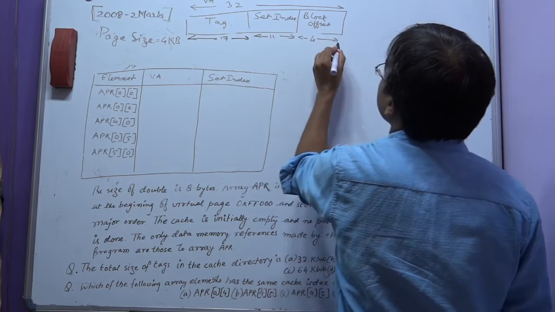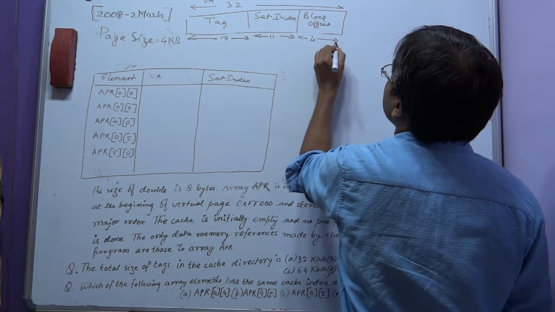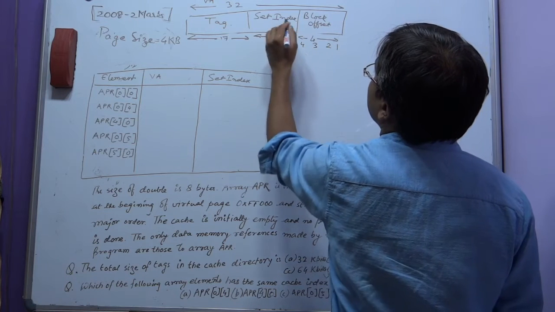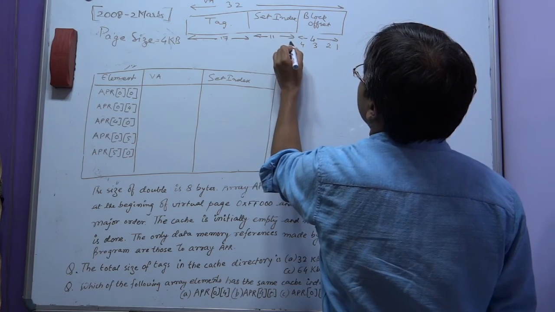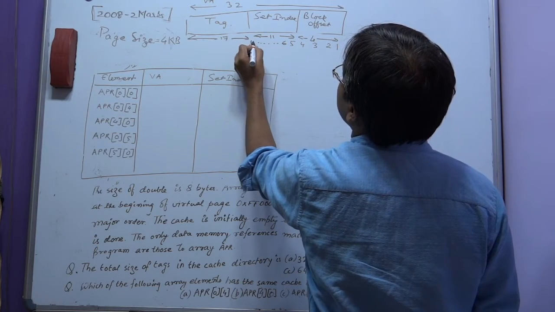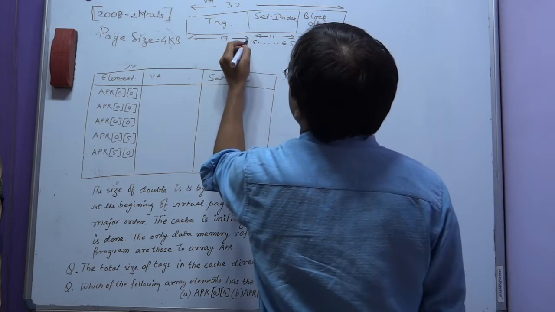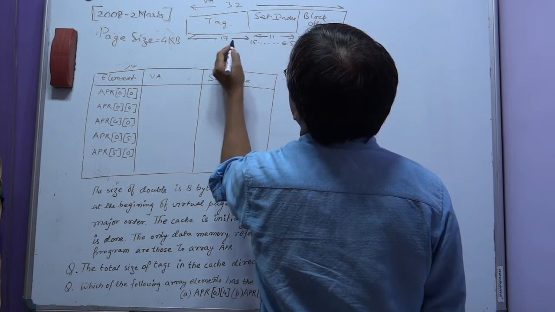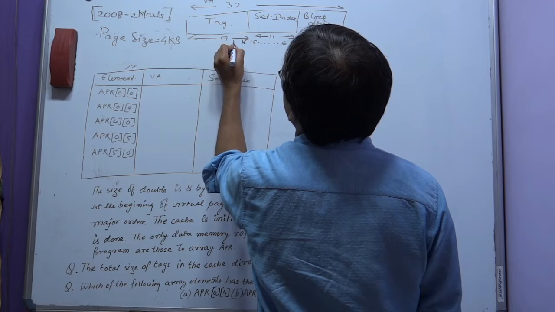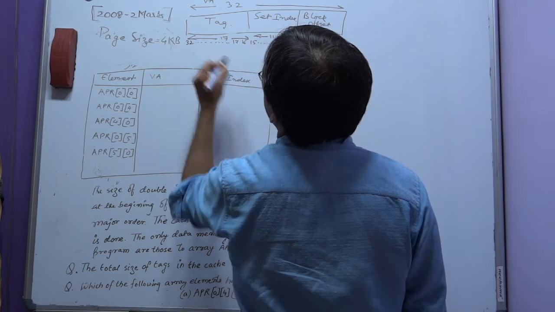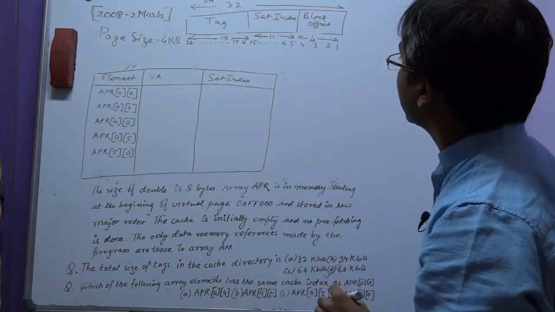That means block offset is starting from bit number 1, 2, 3 up to 4. Set index is starting from the 5th bit, 6th all the way up to the 15th bit, and so this is 11 bits wide, 5th to 15th bit, and tag is starting from the 16th bit all the way up to the 32nd bit, right?